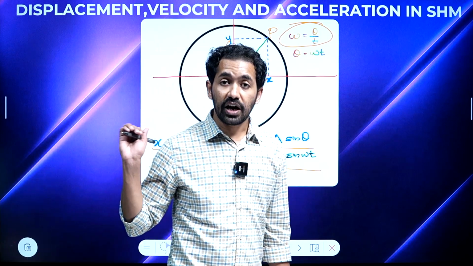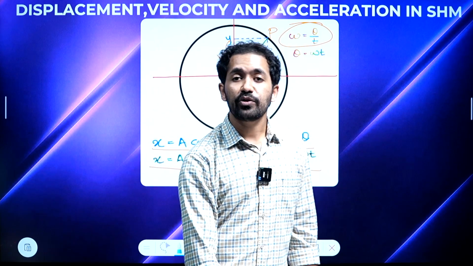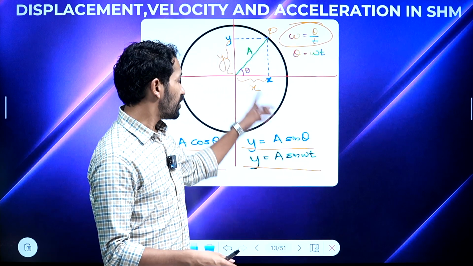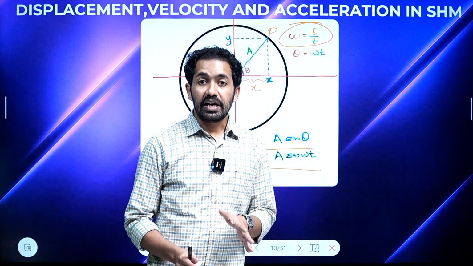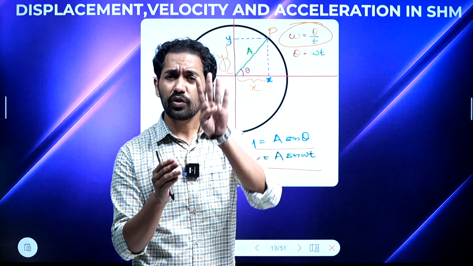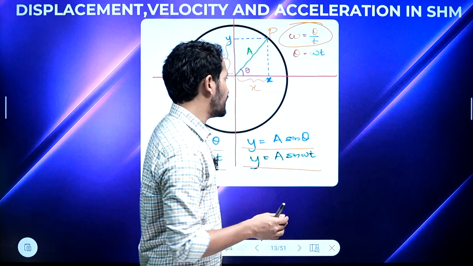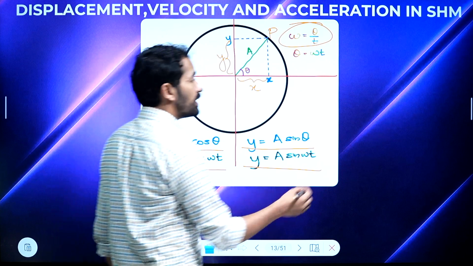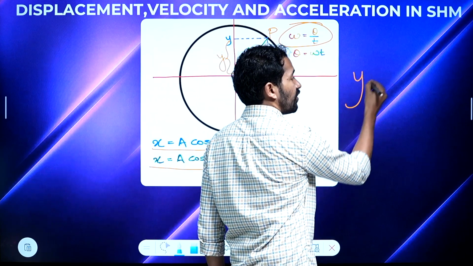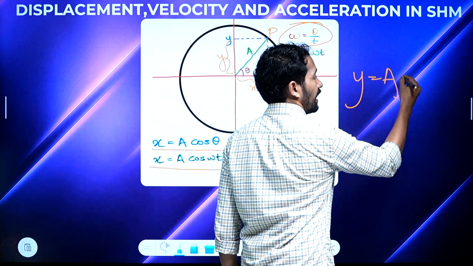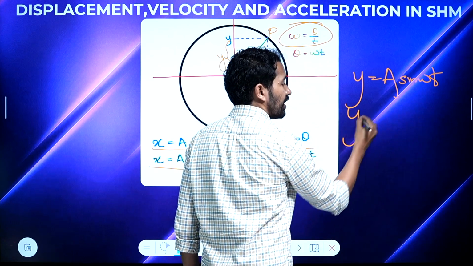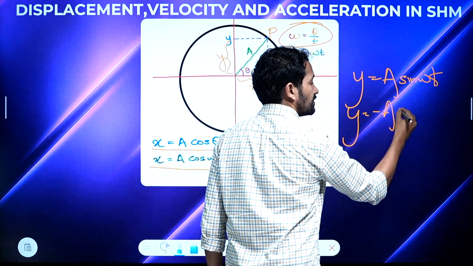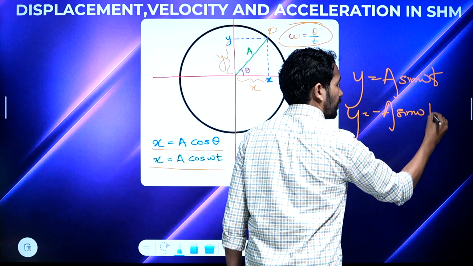So these two are the displacement-time equations for a particle which is starting from mean position as well as from extreme position. Now remember, there are only four possible equations here. You can write y is equal to a sin omega t. Second, y is equal to minus a sin omega t.